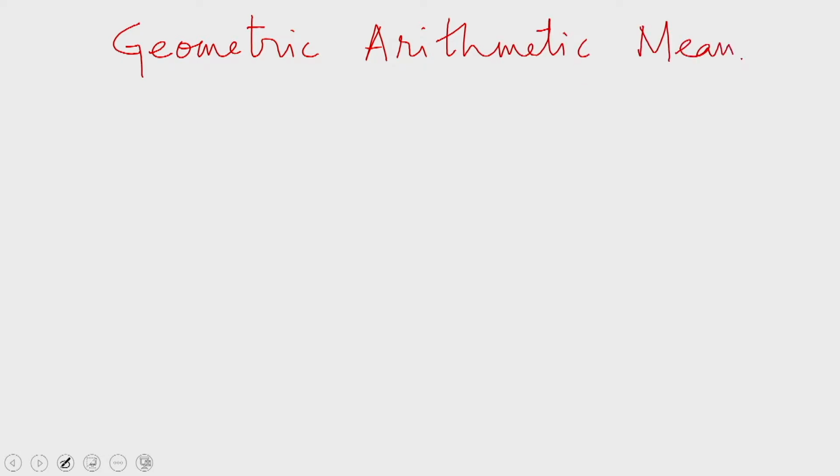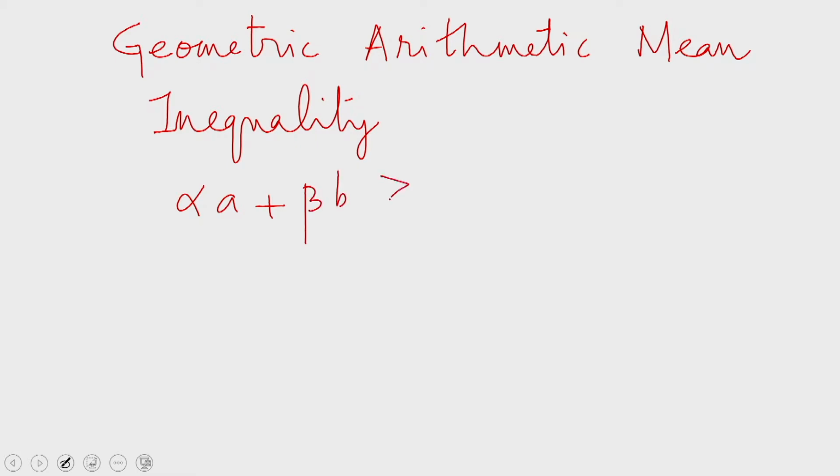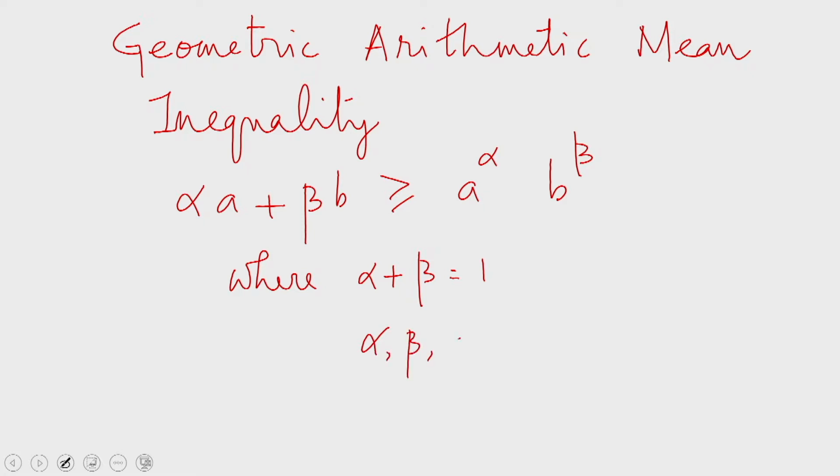For this, we use the geometric arithmetic mean inequality, which says that alpha a plus beta b is greater than or equal to a power alpha times b power beta, where alpha plus beta equals 1 and alpha, beta, a, b are all non-negative.